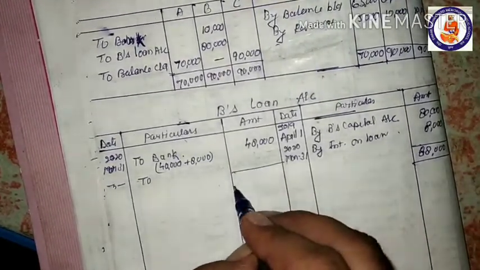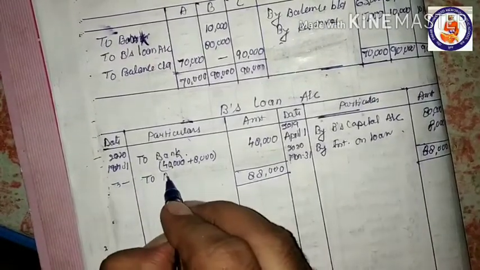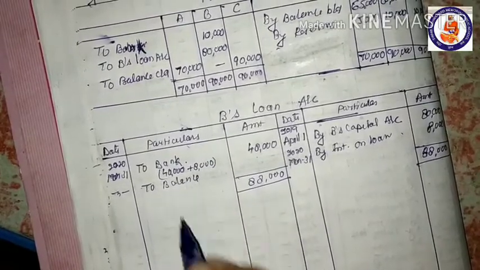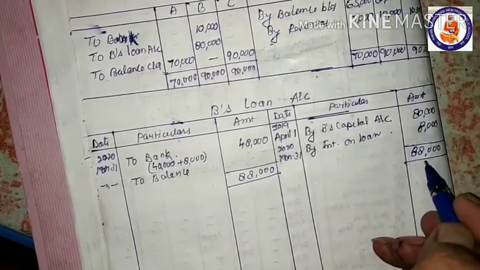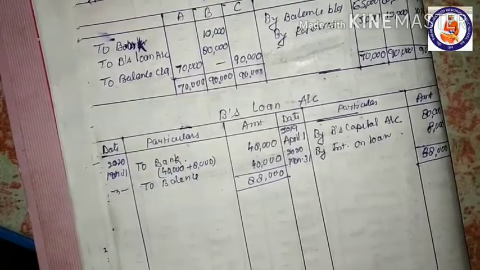The total is 88,000, and now we find the balance. 88 minus 48 comes 40,000, which is the balance.